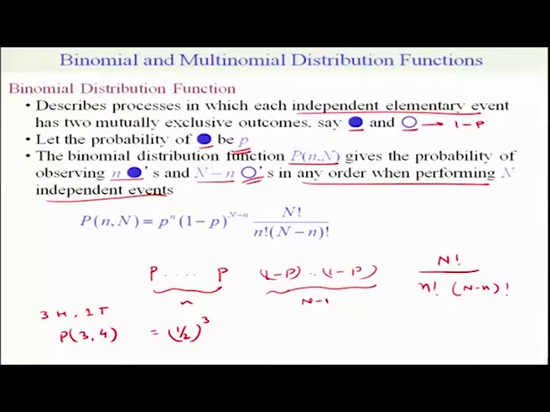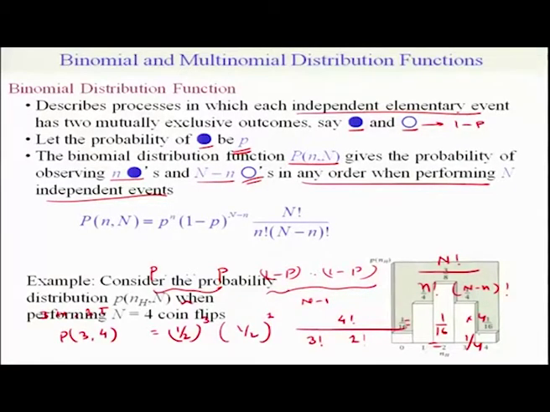This would be 1 by 2 to the power 3, again 1 minus p is 1 by 2, and N minus n is 4 minus 3, which is 1. This is 4 factorial over 3 factorial and 1 factorial. So, this is going to be 1 by 16 multiplied by 4, which is 1 by 4. So, you get the same expression as we discussed earlier, using this binomial distribution function.